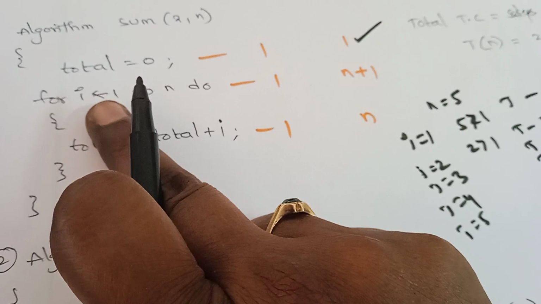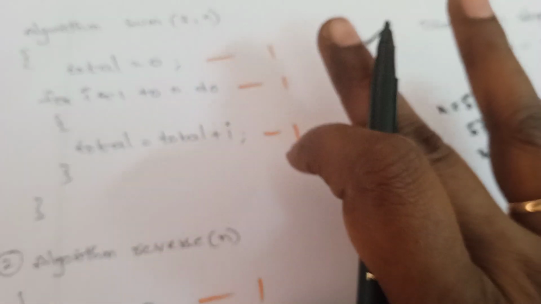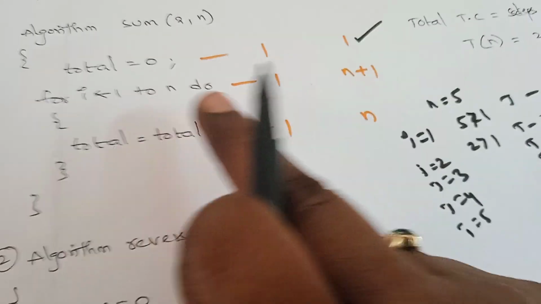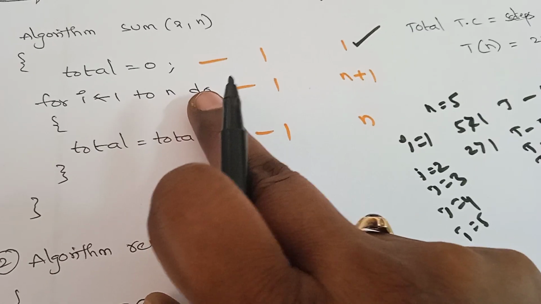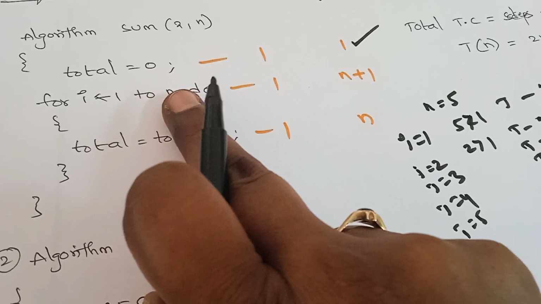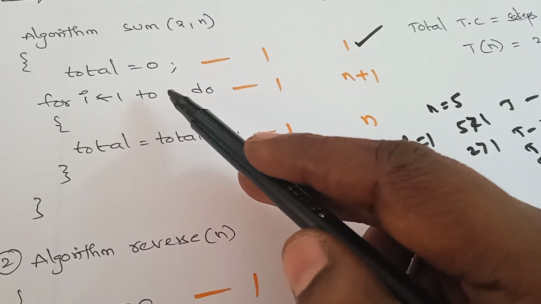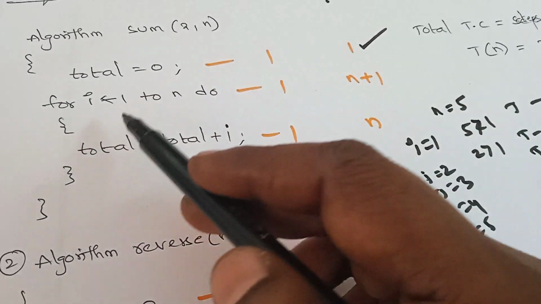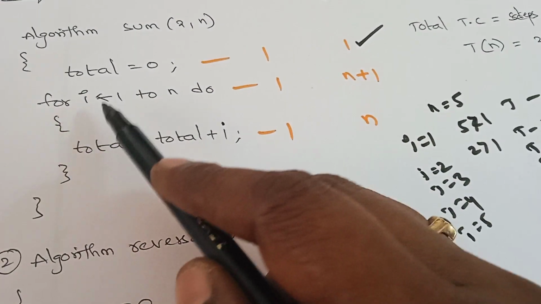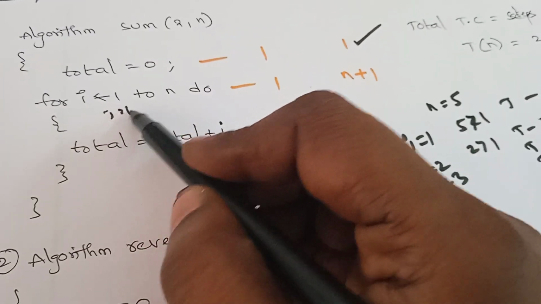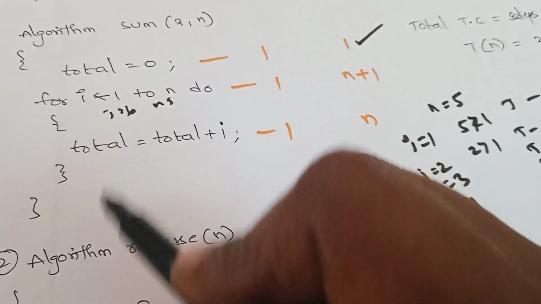For I equal to 1 to n, all are true conditions, and for all true conditions the body of the loop will get executed. There will be one false condition that will also get checked, and that makes n plus 1 comparisons. The moment I value crosses the n value, that means when I becomes 6 and n is 5, the condition will fail.